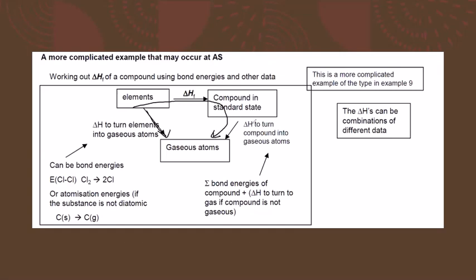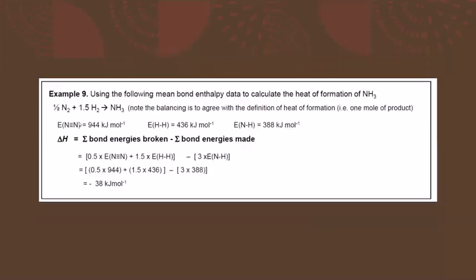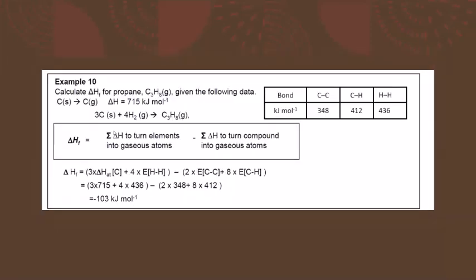So delta HF plus the enthalpy change for the gaseous atoms of the compound to turn into gaseous atoms of the elements. Basically when we take the difference, we'll get the enthalpy change of formation. That we did in example 9.